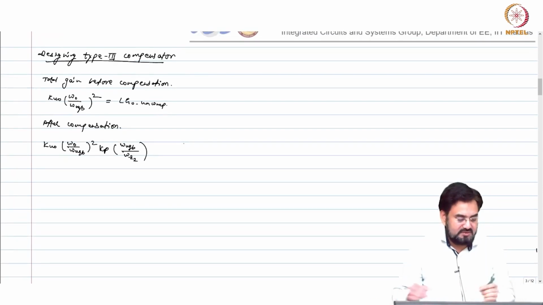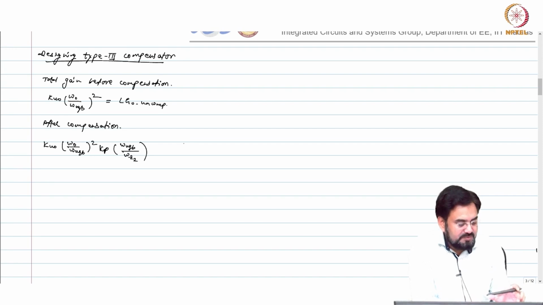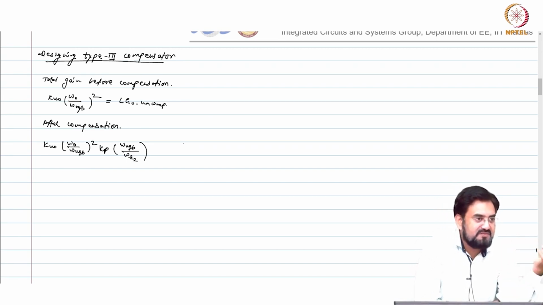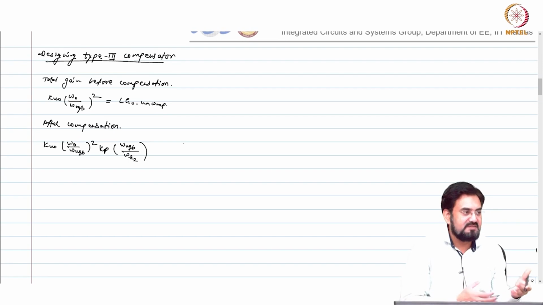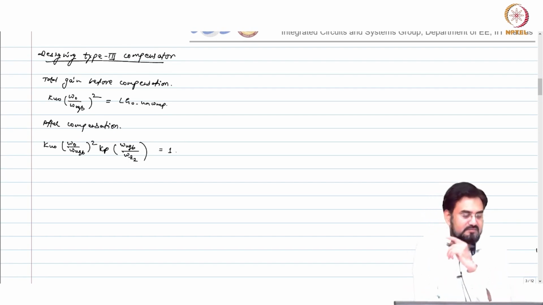So it should have only Kp. So this portion should not change. In the type 2, when we considered omega z2, the only difference was that omega z2 was coming from the output capacitor ESR, but this expression should remain the same, it should not change.